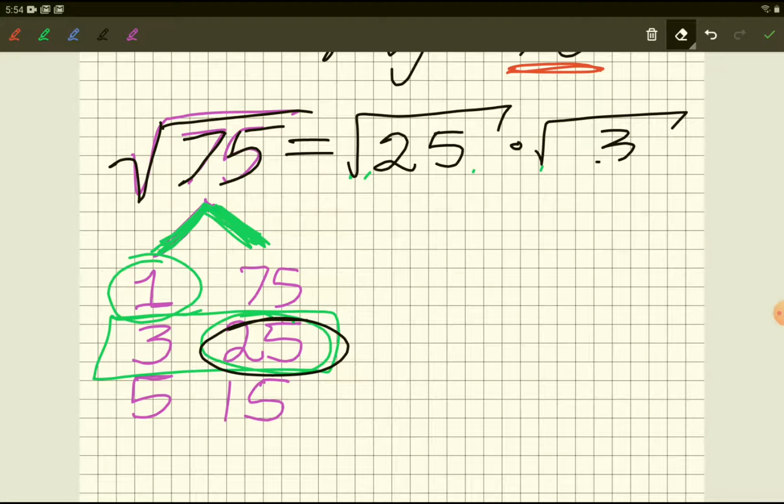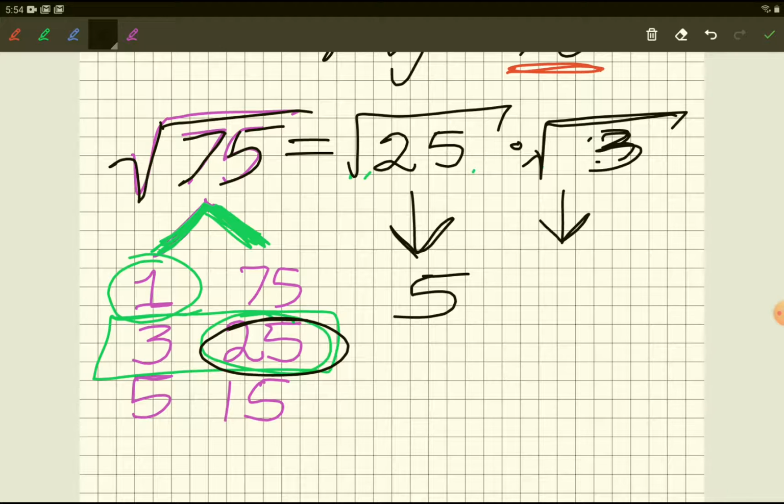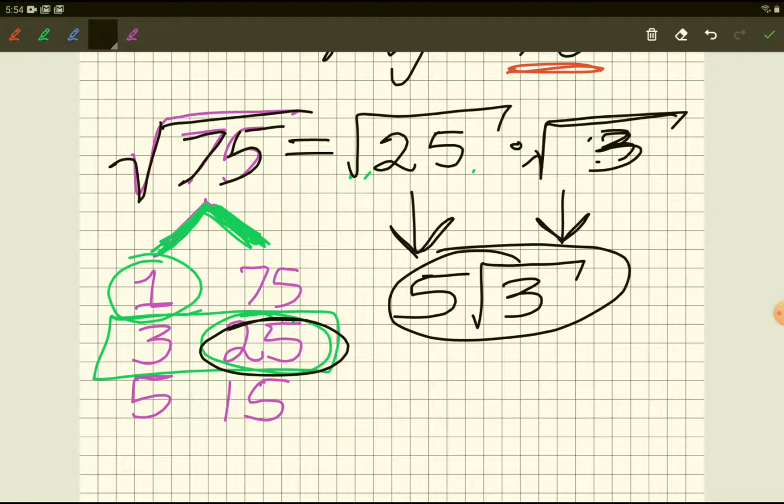So how I lined it up, the square root of 75 equals the square root of 25 times the square root of 3. We know the square root of 25 is 5. And this little square root of 3 just gets dropped, attached to the number, because the square root of 3 cannot be broken down anymore. It's a prime number. Prime means only 1 and 3 go into 3.